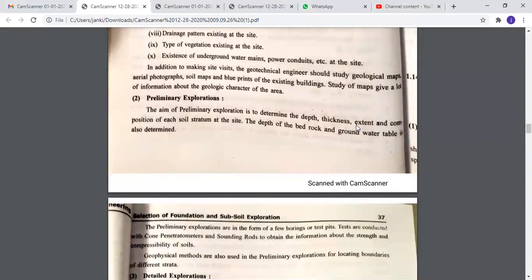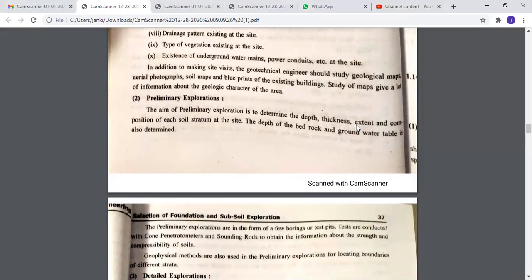Second one is preliminary exploration. The main aim of preliminary exploration is to determine the depth, thickness, extent, and composition of each soil stratum at the site. The depth of the bedrock and the groundwater table is also determined, right? Preliminary explorations are in the form of a few borings or test pits.